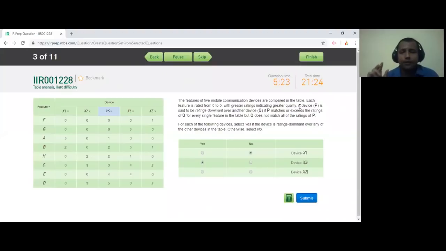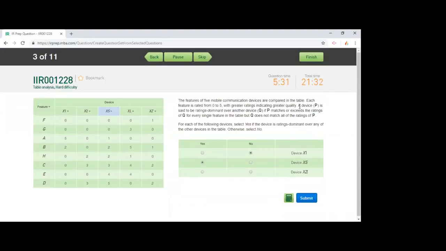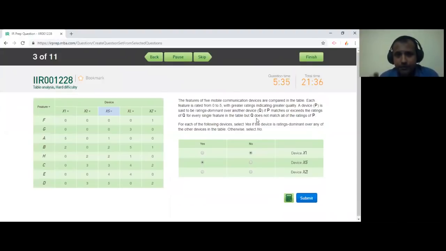Okay. So again, this is a very minute thing. I think Pranita got it, but sorry, what's your name? Jay. Hi, Jay. Essentially, we read very carefully. We need to just be sure that it is dominant over any one of the devices. If you read this statement, a device is said to be rating dominant over another device.